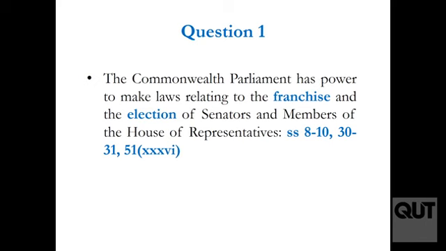And we know that from the decision of Roach and the Electoral Commissioner, and I've put the relevant provisions on the slide for you. We also know that the Commonwealth Parliament has power to make laws relating to elections, in particular the election of senators and members of the House of Representatives. So that is the combined effect of all of the provisions that I've listed on the slide for you.